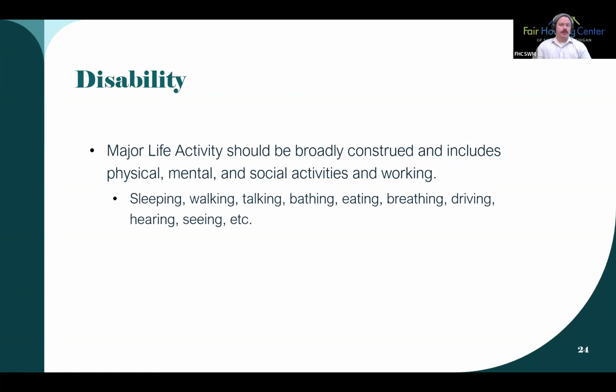So, a major life activity should be broadly construed. That's any impairment which limits or substantially changes, by, say, requiring the use of a wheelchair or white cane. Any impairment that limits or changes those major life activities can be considered a disability. Disabilities are sometimes apparent, but they are quite often non-apparent.